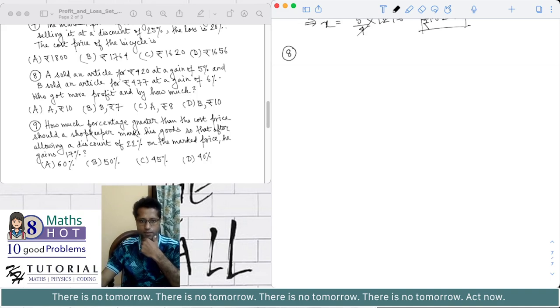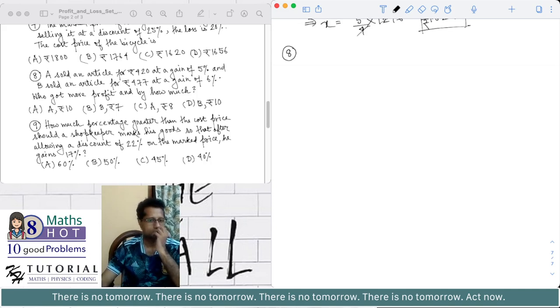Who got more profit and by how much? Now it is asking to compare the actual profit amount of A and B, and which one is more. It is also asking the difference between the profit made by A and B.